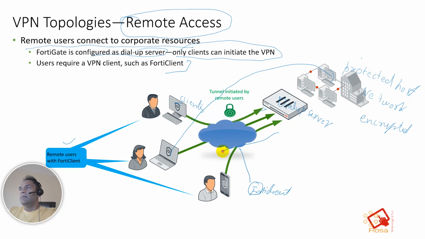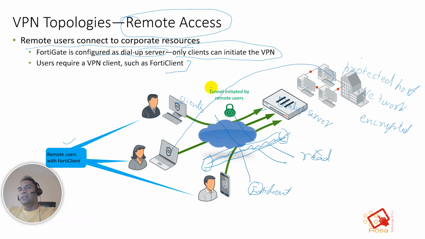So there will be a tunnel between Fortigate and the client PC, and all the data is encrypted in this tunnel. So once the data is encrypted, any outsider or any third party or even the devices sitting here will not be able to read the data, because this is encrypted data.